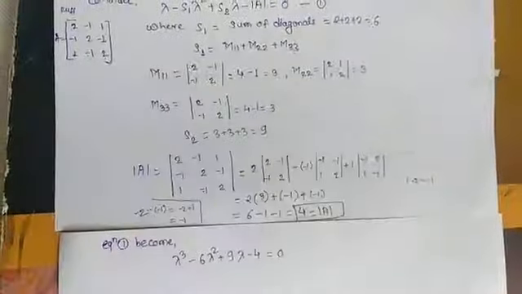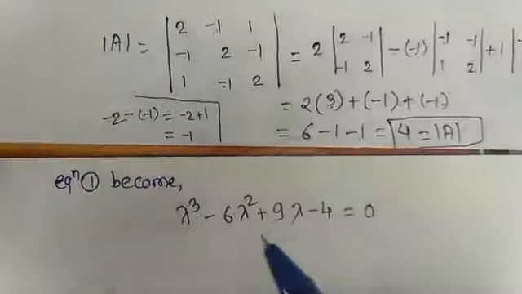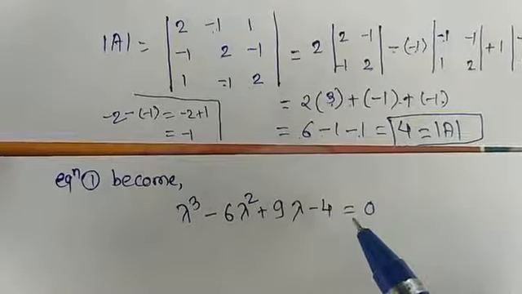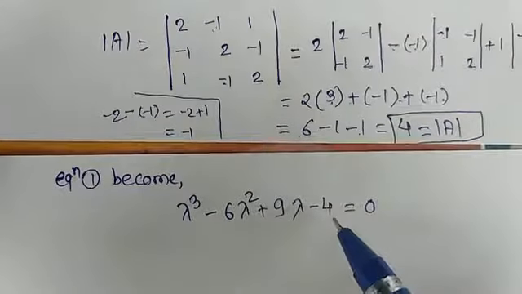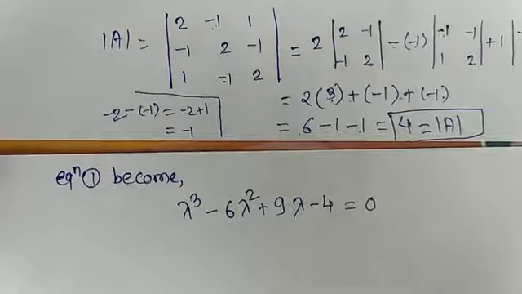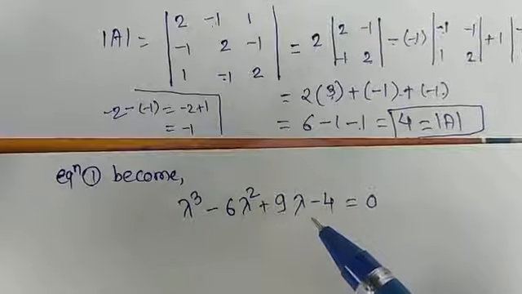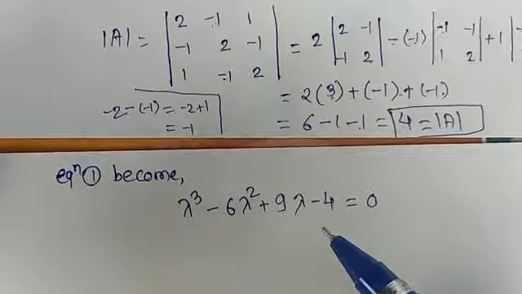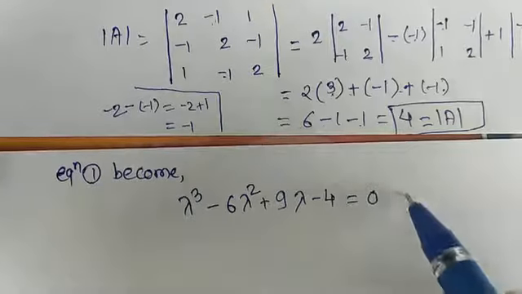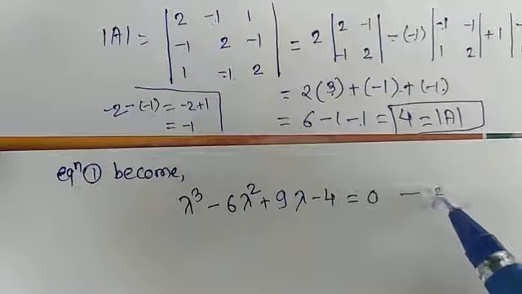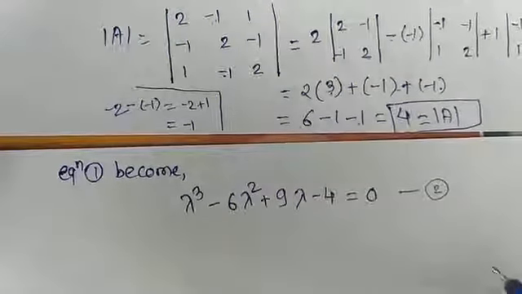Okay, now we have to verify the Cayley Hamilton theorem. For this we have to write its characteristic equation. So its characteristic equation is this, so we write it as equation 2.